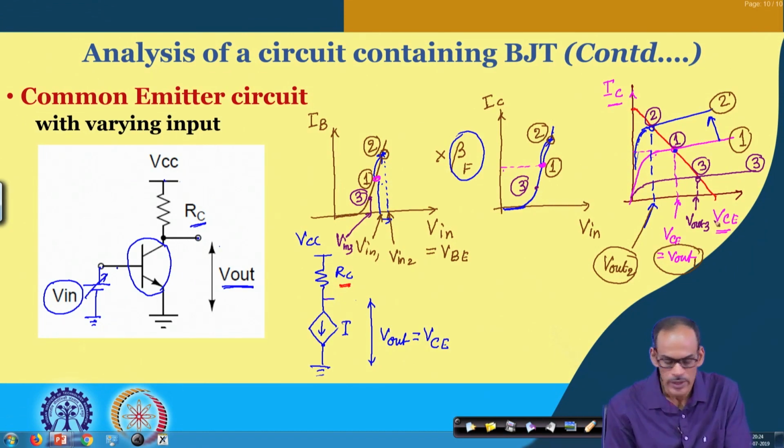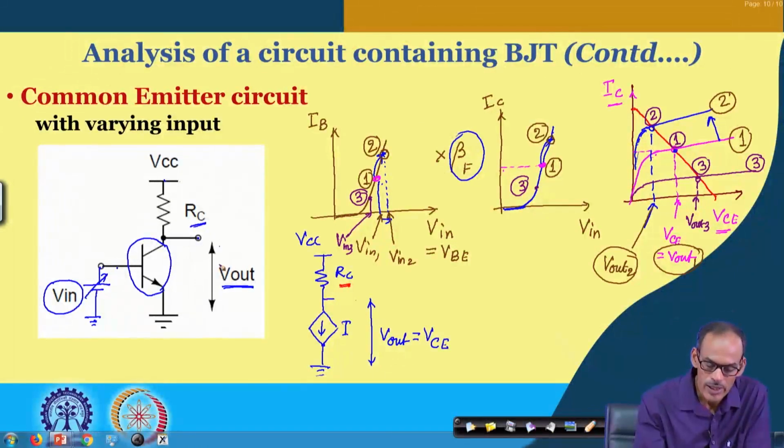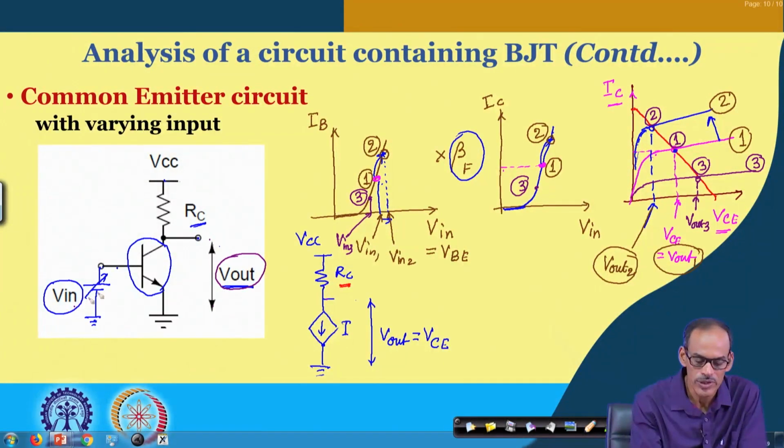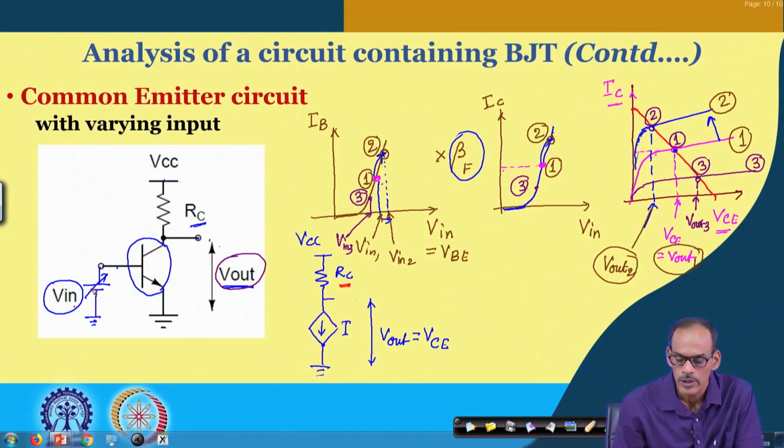So, if I vary this voltage and if we monitor this voltage, we can see that this variation is creating an effect here, and incidentally, while we are increasing this voltage, the voltage here is decreasing and vice versa. But the most important thing is that if we change a small amount here, the corresponding variation here is more.